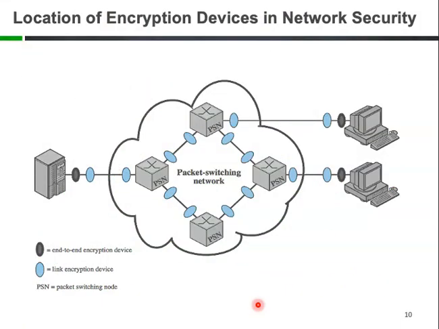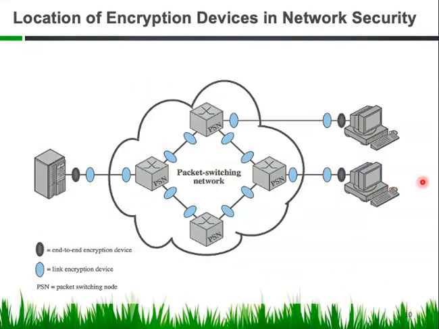The next topic is network security. To have network security, we can perform encryption in terms of end-to-end encryption and link encryption. There are two things that we can do here. For end-to-end encryption, we can put the encryption device at the end of the communication, before it reaches the host.